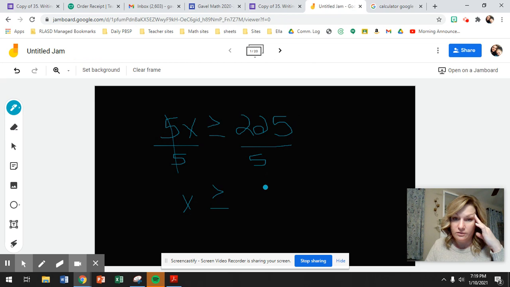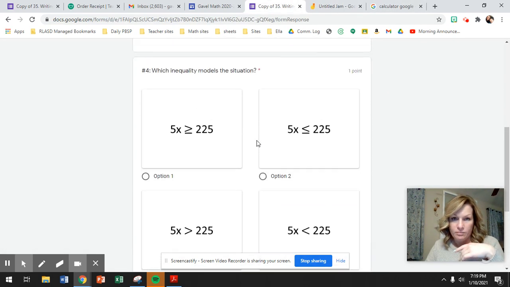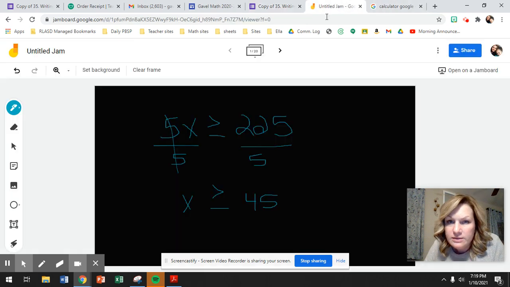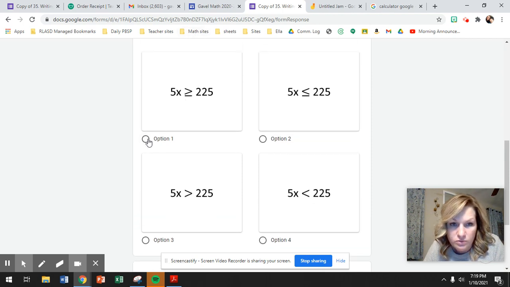So she needs to practice for at least, minimally, 45 minutes, 5 nights a week. We have to finish that. So at least 45 minutes. And we said that 5 times X is greater than or equal to 225.